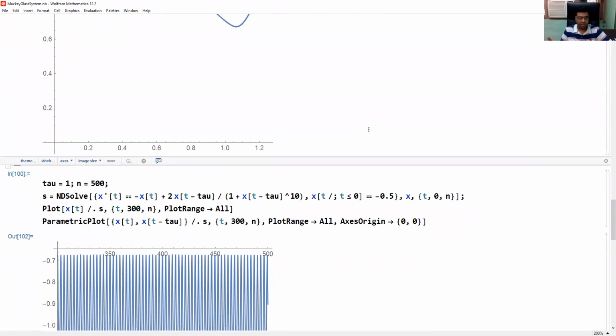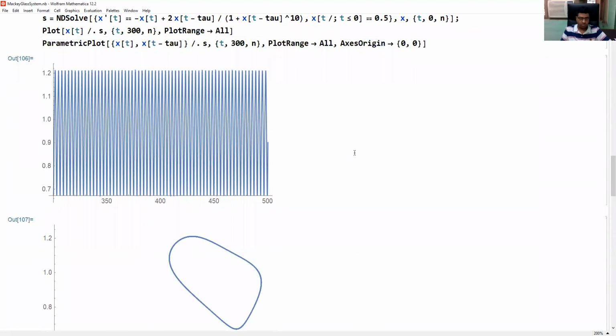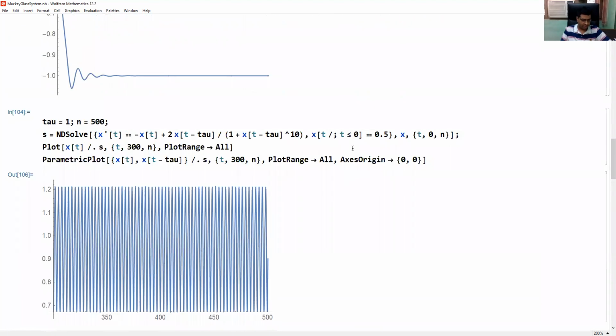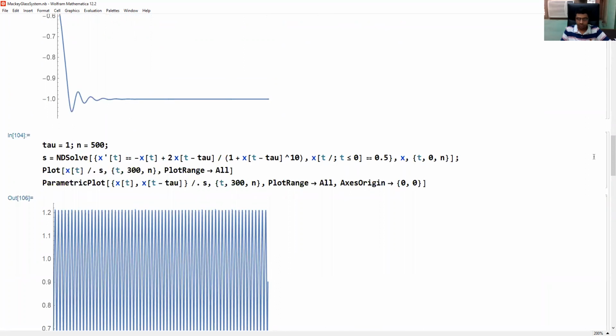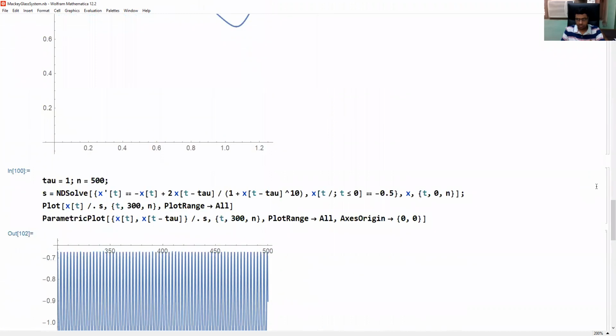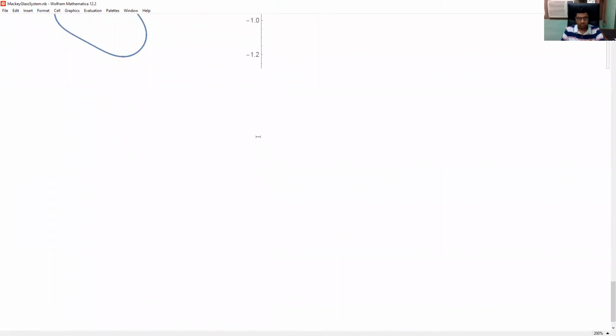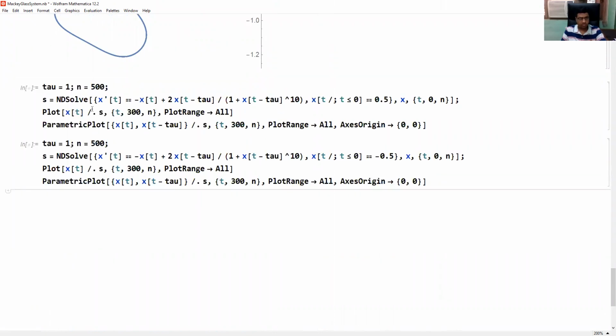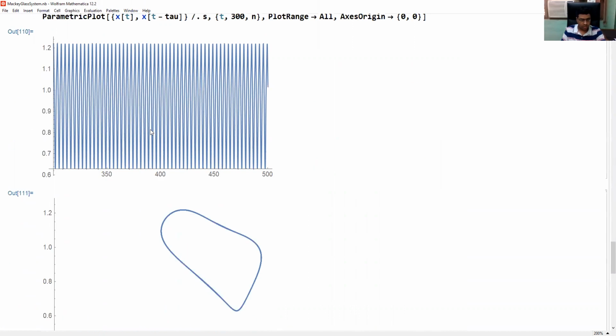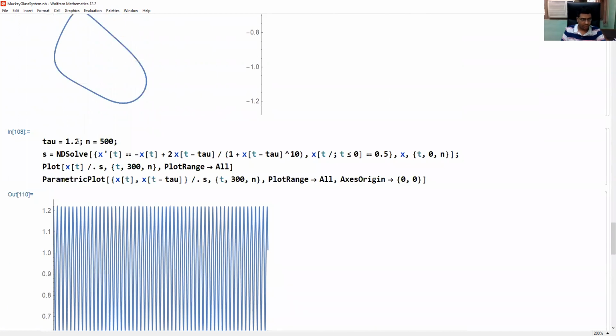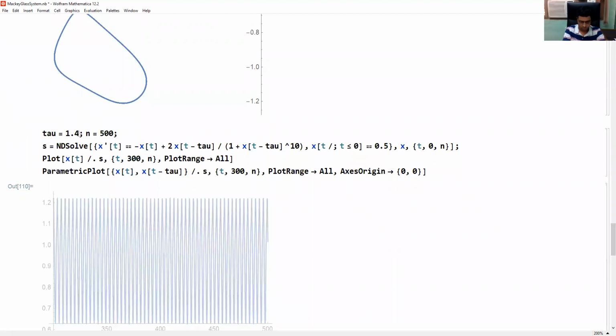Now let us increase the value of tau. Let us see what happens. Now I'm taking say 1.2. No any signs. So let us take 1.4.